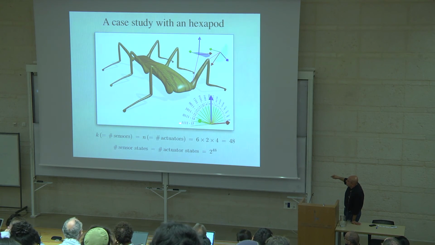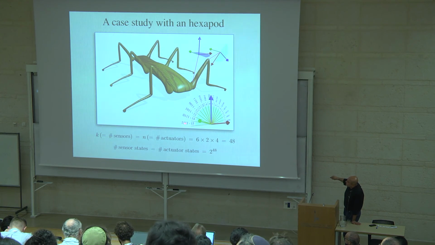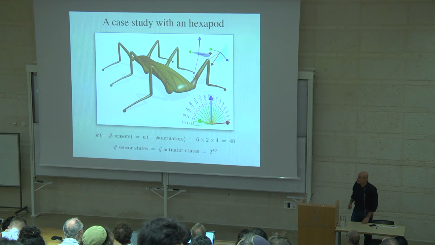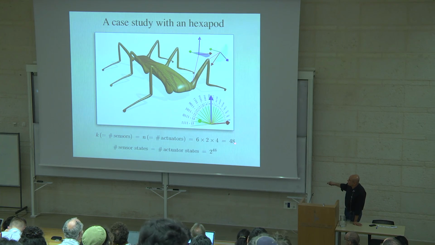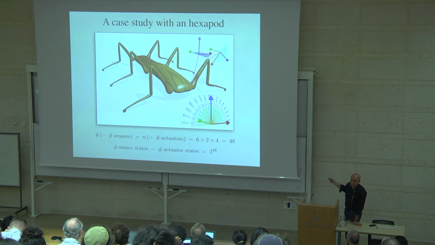So we have the 16 states here, and we assign these binary vectors to the discretized states. In other words, for each degree of freedom, we have 4 binary neurons. This gives us, as the number of sensors and number of actuators, 48, which means that the state space of the sensors and the state space of the actuators is 2 to the 48, which is a huge number.